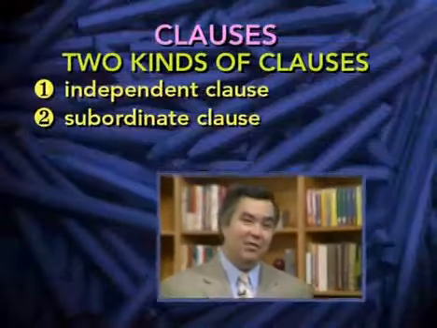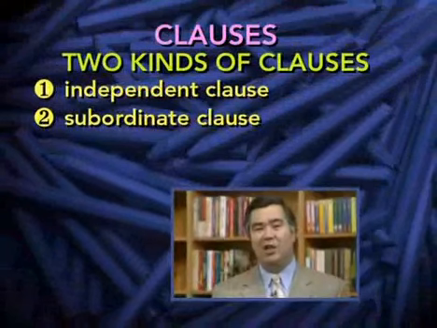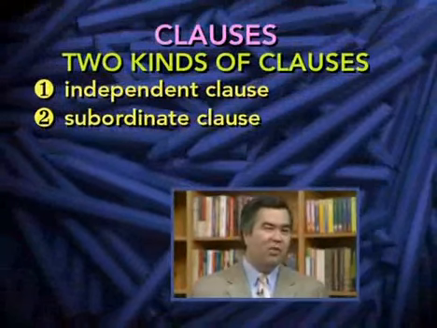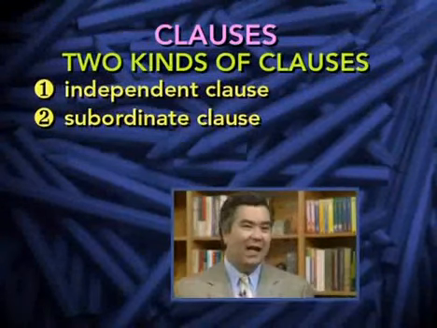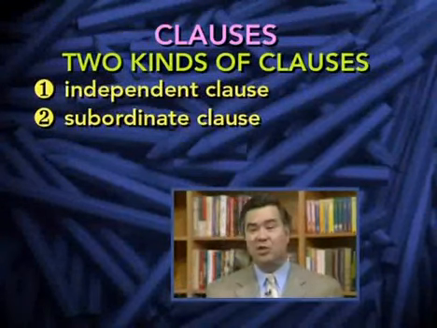Well, if an independent clause can stand alone as a sentence, what do you call a clause that cannot stand alone as a sentence? The answer is a subordinate clause. The word subordinate means following or less important than, and this describes what these clauses are like.